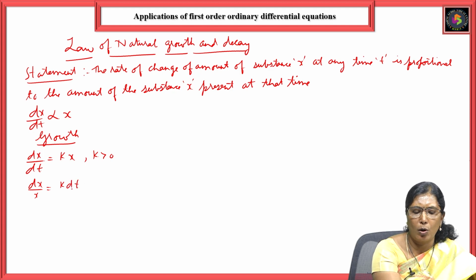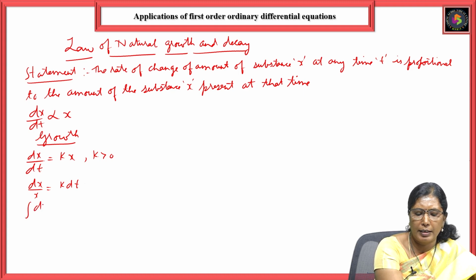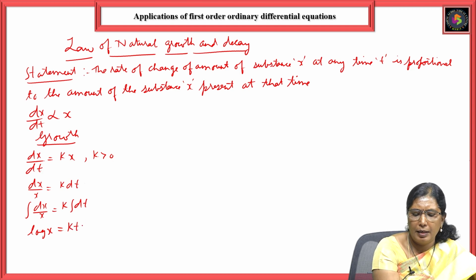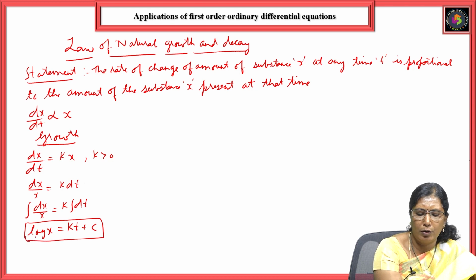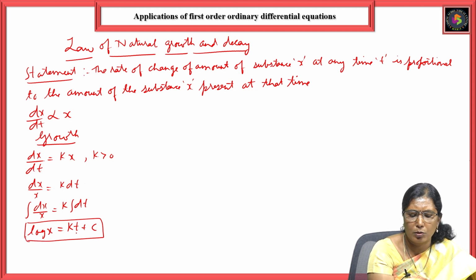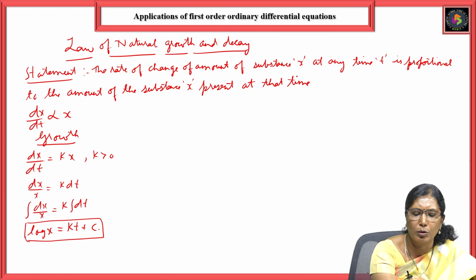We have separated all x with dx and dt separated. Now integrating both sides, you get log x is equal to kt plus c. So this is the formula for growth. Here, since it is a growth, we take positive.